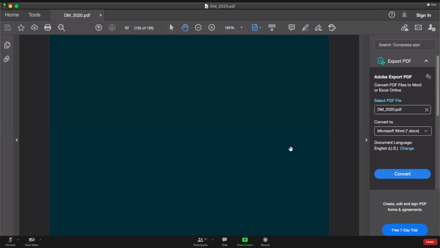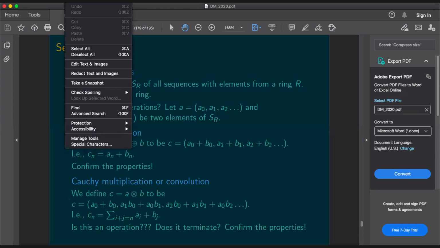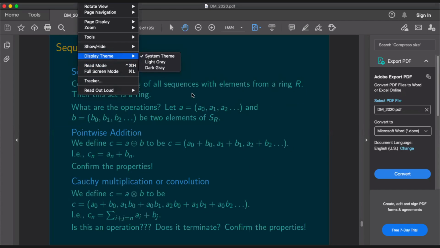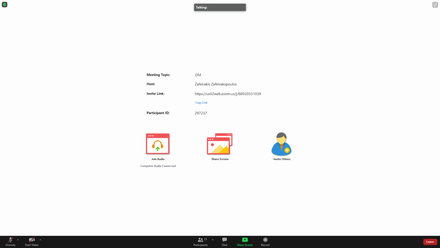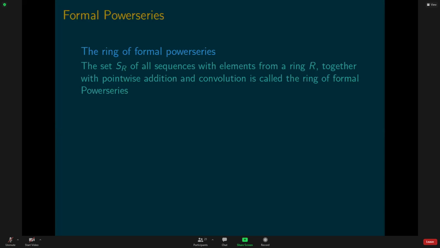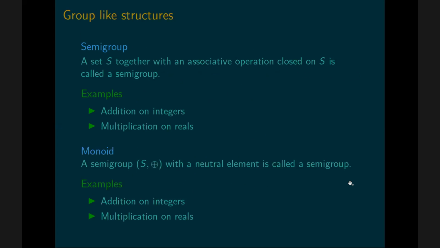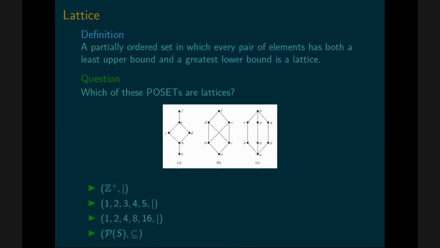Please, could you open it? Can you see now? Yes, sir.